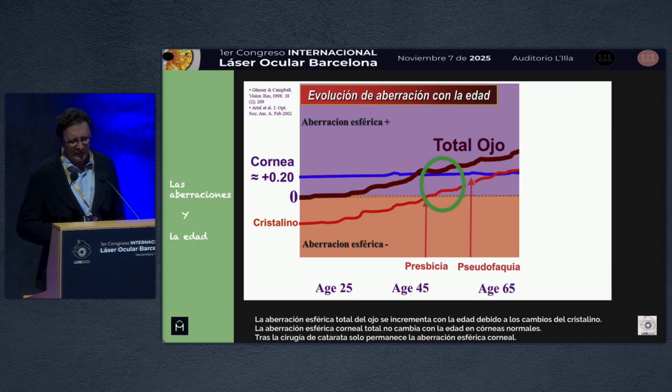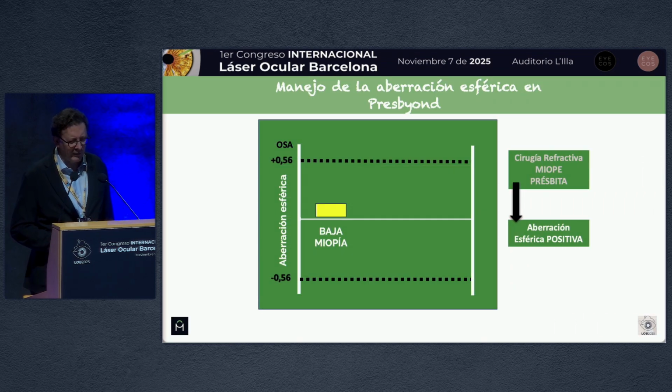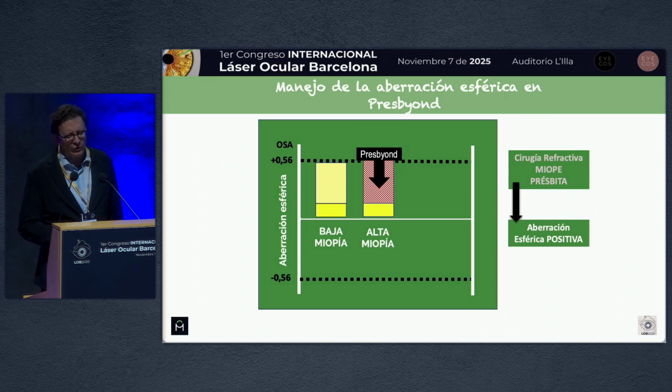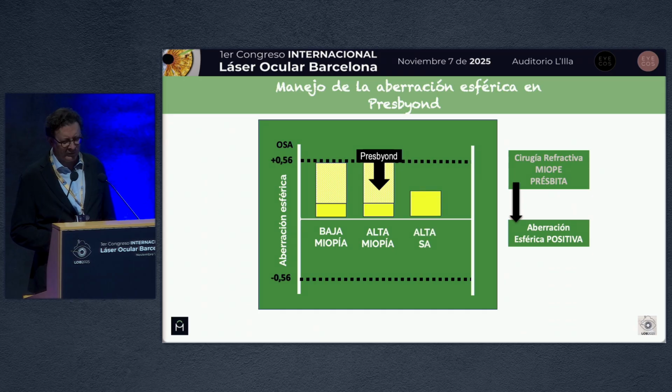Positive aberration in the cornea, 0.20, 0.25, more or less. That's our action zone as of a certain age. With a cataract, then it's a different surgery. So in a low myopia case, we increase the spherical aberration, SA, and with high myopia, the SA will go over the threshold, and the Presbyond brings it back, brings it low, never more than 0.56.